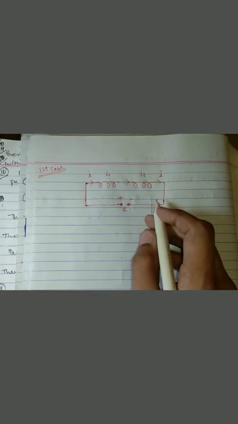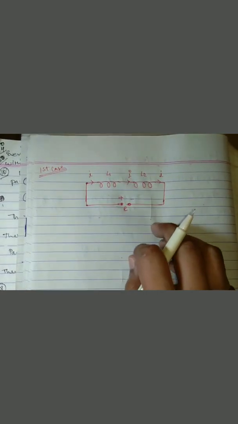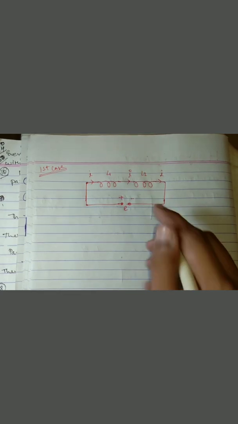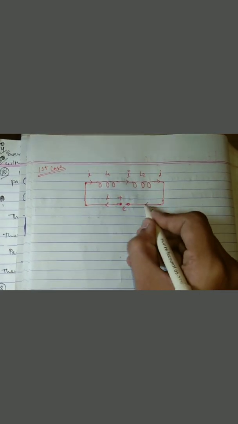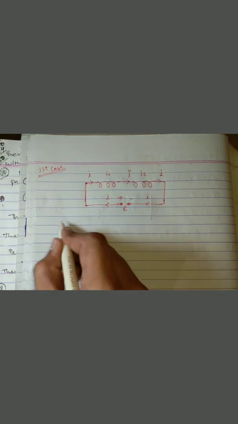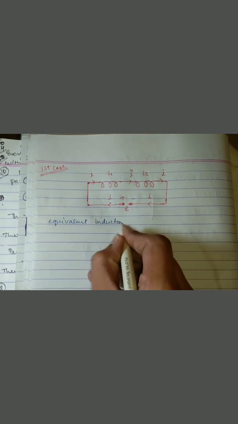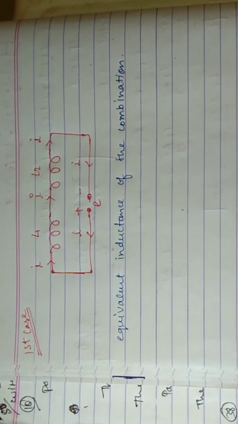So if we are asked to find out the effective inductance in the circuit, what would we do? There is basically a formula. You can write the equivalent inductance of the combination. What would it be?